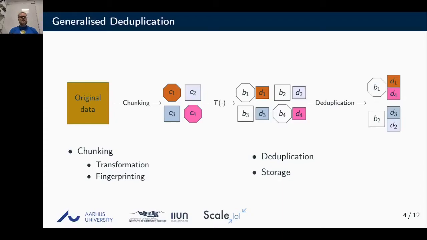So in this case, we say that the shape of the chunk describes the basis, and the color of a chunk describes the deviation. So in this case, we have colored C4 differently than C1, and we can see we're still able to map to the same basis, so therefore we only store B1, but we have to store both deviations.